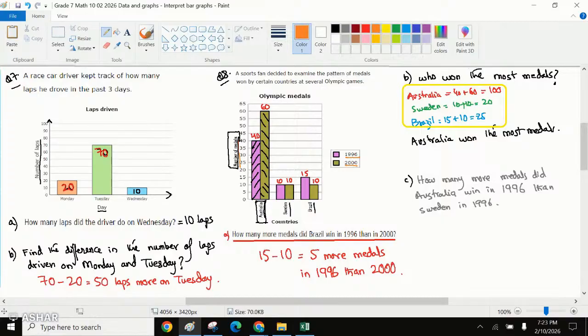So we know that in 1996, Australia won 40 minus the Sweden. Sweden won 10, right? That means Australia won 30. Australia won 30 more medals.